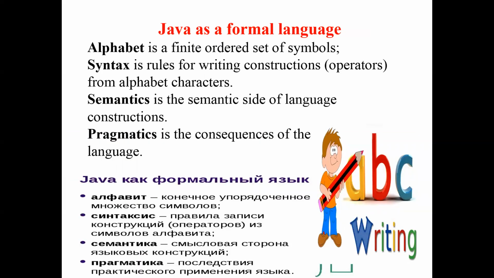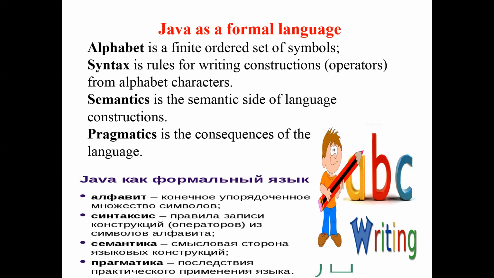On the next slide, you can see Java as a formal language. It includes alphabet, syntax, semantics, and pragmatics. So, what is alphabet? Alphabet is a finite ordered set of symbols. Next definition, syntax.